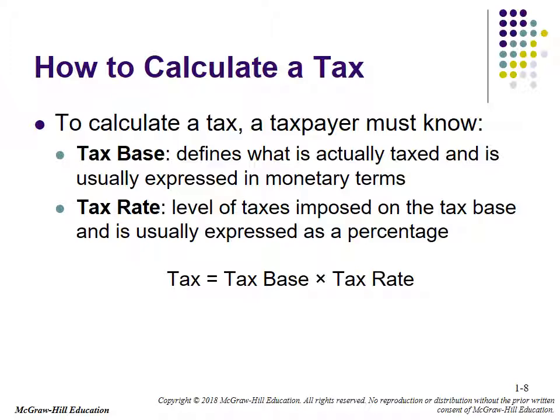Then we say, well, what's Pennsylvania's sales tax rate? Well, they have a flat 6% sales tax rate. So 6% of $50, I'm doing it in my head quickly, $3 is the amount of sales tax. So this tax computation is generally done across the board for different kinds of taxes. I just gave you an example of sales tax.